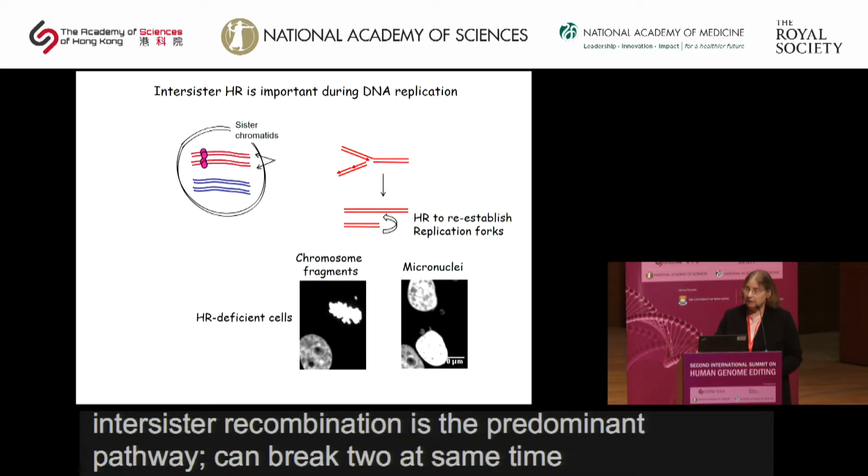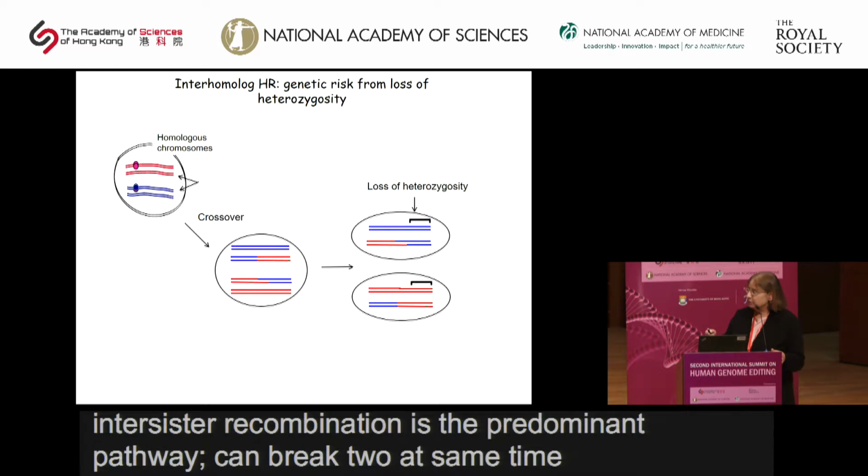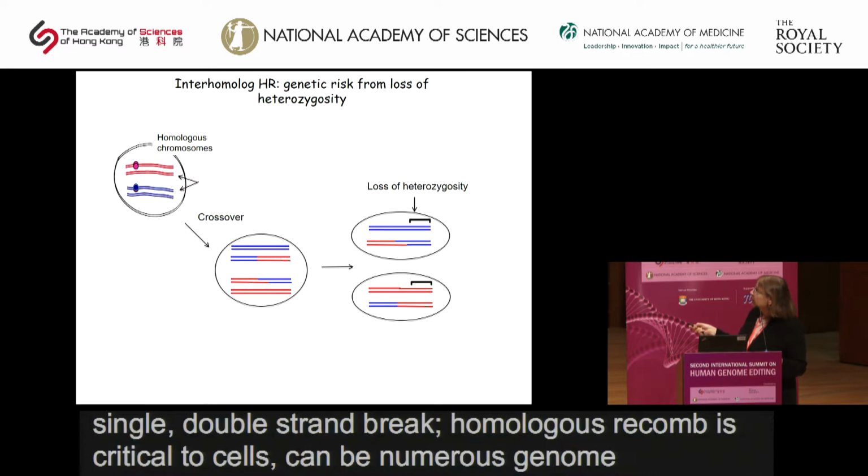Now, in any kind of diploid cell, recombination between homologs can also occur, but in most experimental settings, this has been shown to be much less frequent than intersister events, although there have not been really very many studies.